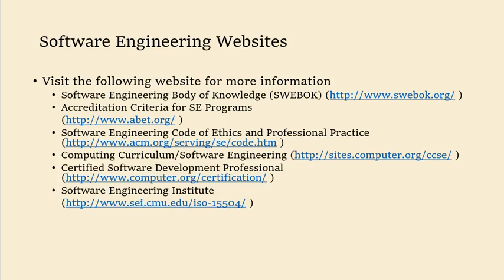And as a summary, here are some websites you can go to. I recommend at least perusing these from time to time, particularly if you're a software engineering major; you should be aware of these things. They provide not just good information about what software is, they have information about the latest techniques, information about ethics and professional practice, and information about what kinds of skills you might need to know if new things come along, new skill sets.